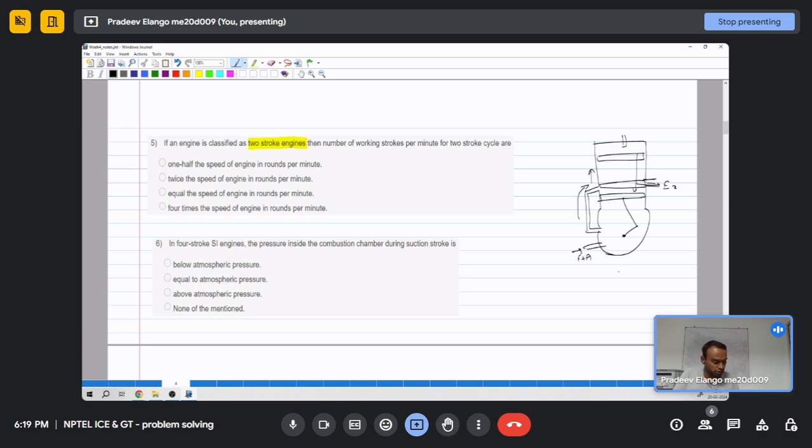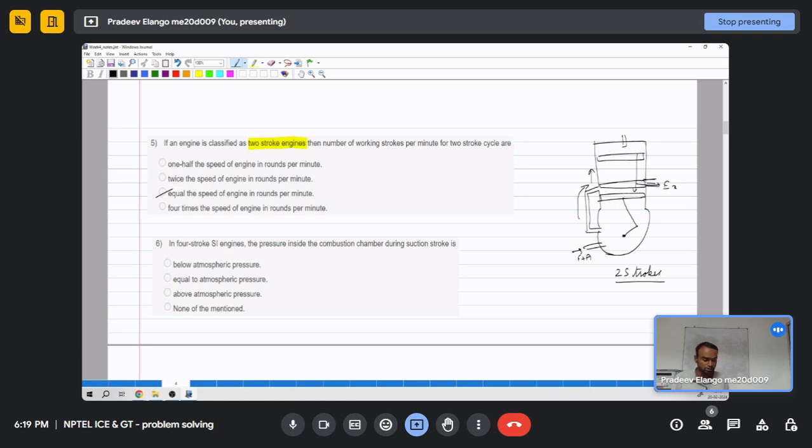But there will be only two strokes needed for one complete cycle. So that means for every revolution there will be one engine cycle complete. So that is equal to the speed of the engine.